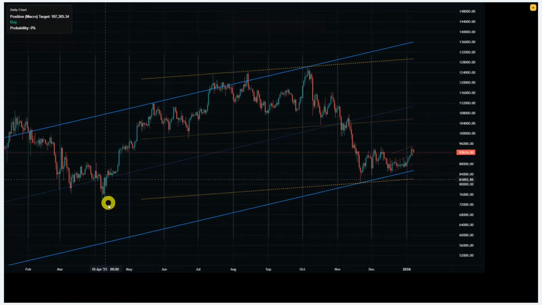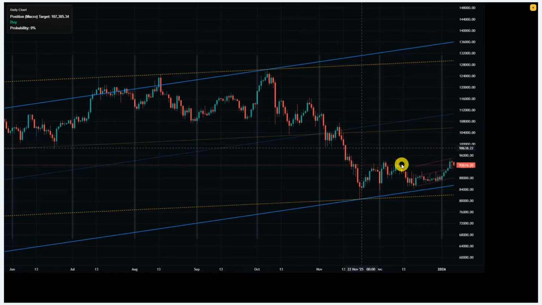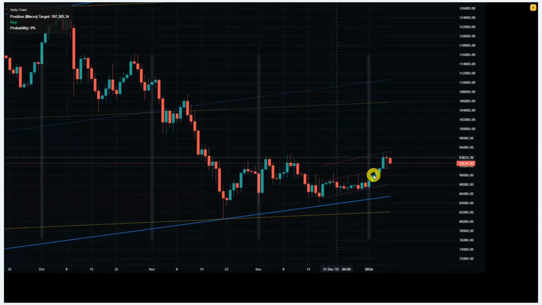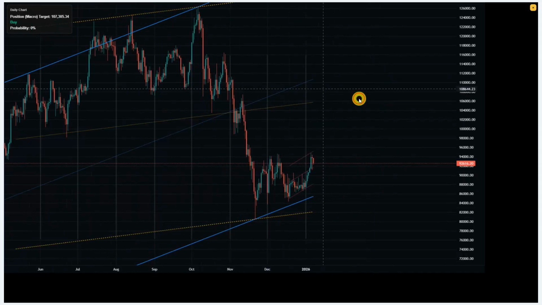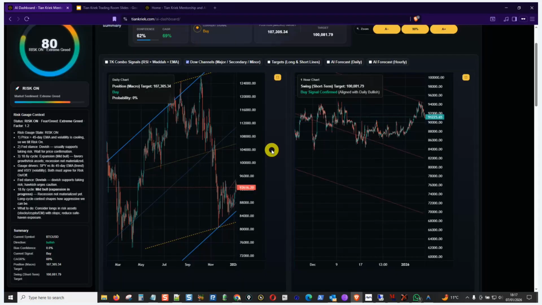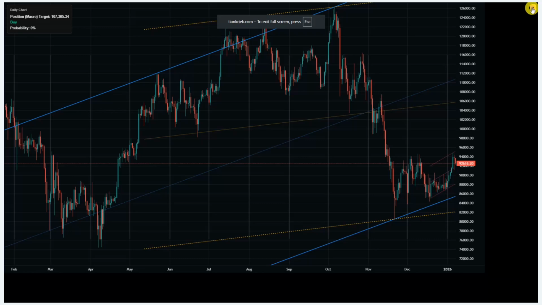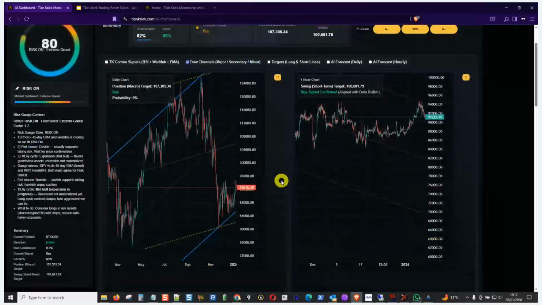And you can see here, this is a bull trend that we have on Bitcoin at the moment. So the primary trend is bullish. The secondary trend is also bullish. And I see that the minor trend is bullish as well. Okay, there we go. I can double click the screen, and then it will just go back. You can click the maximize button as well if you want, and then close it by clicking the X button.